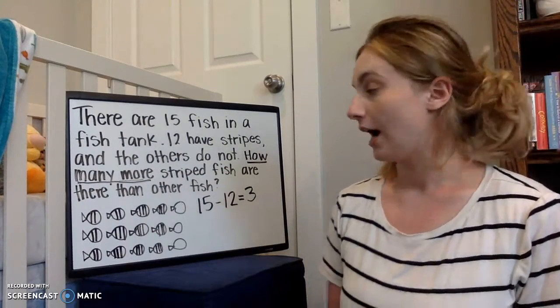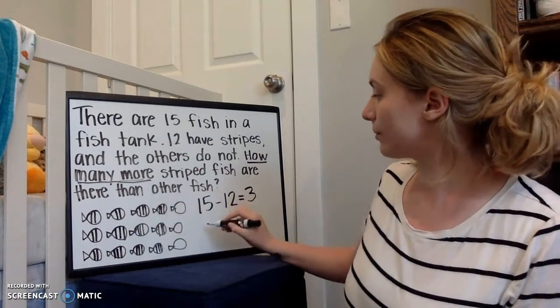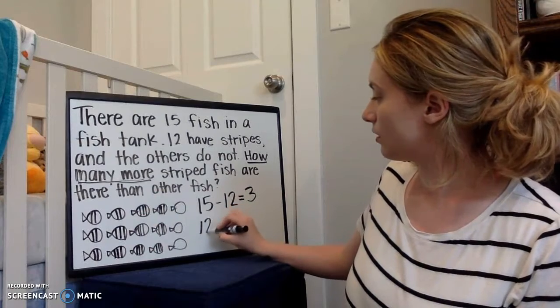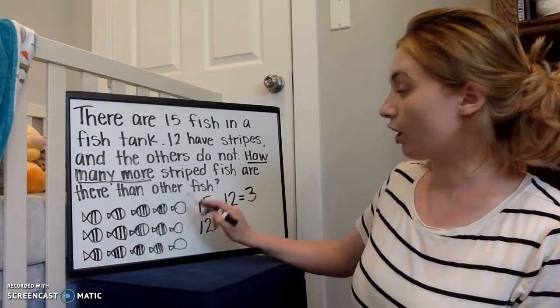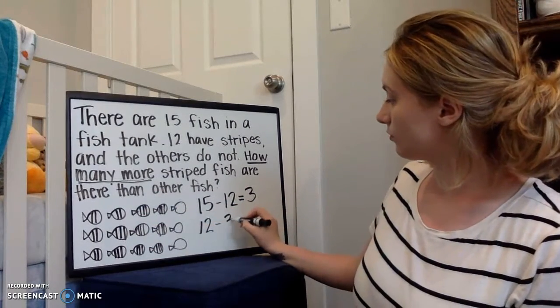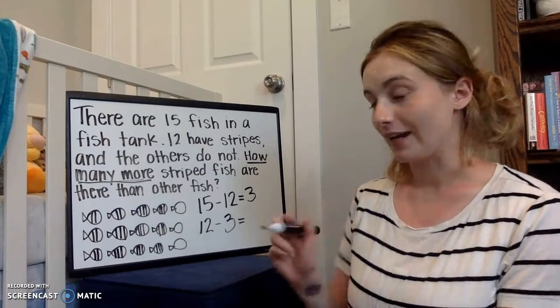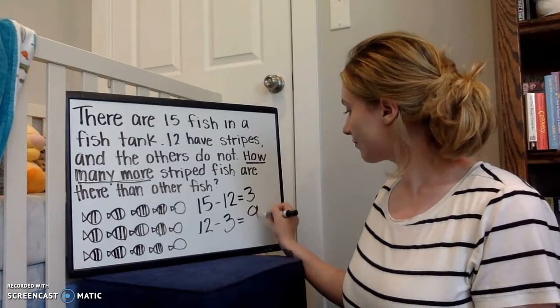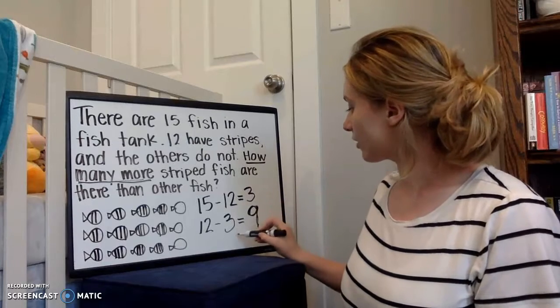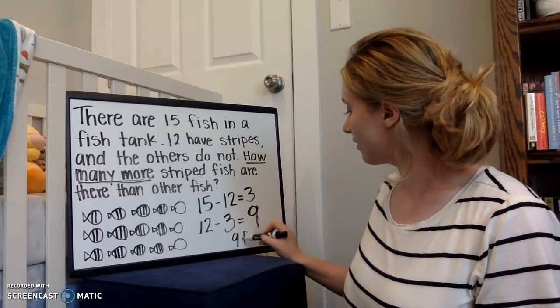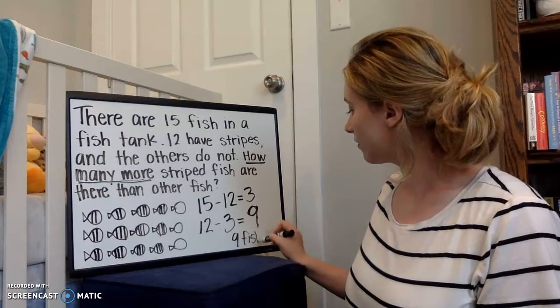So, I'm going to take how many fish are striped minus the fish that are not striped, and 12 minus 3 is 9. And so my answer is 9 fish.